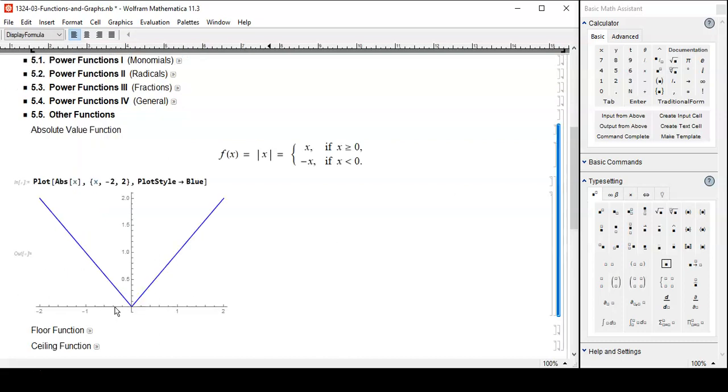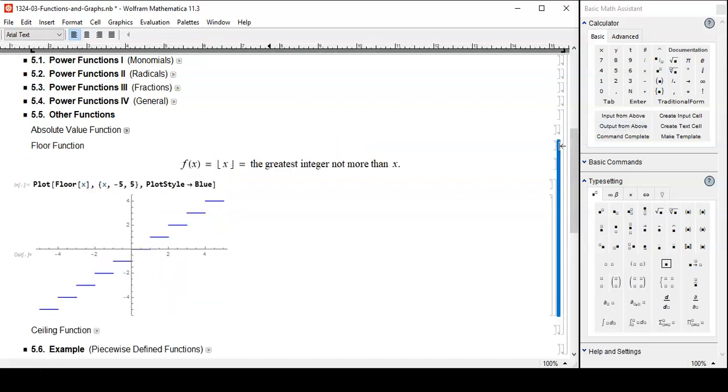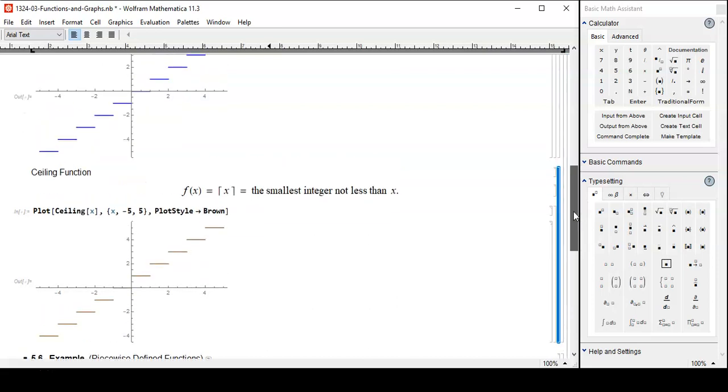Absolute value, okay, always positive. Floor function: business algebra frequently deals with floor functions and ceiling functions, to tell the truth.